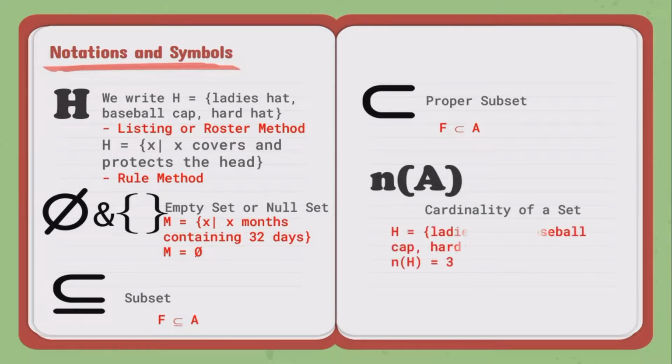The cardinality of a set is the number of elements of a set. For example, we have set H = {ladies' hat, baseball cap, hard hat}. So, the cardinality of set H is equal to 3.